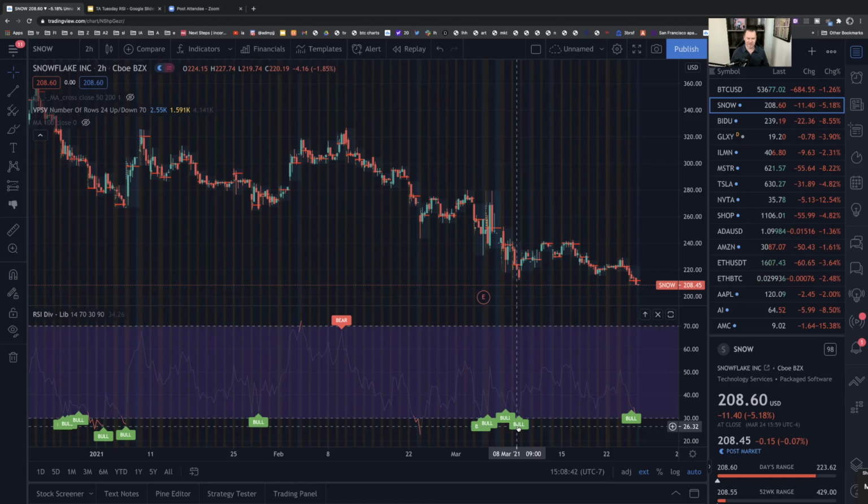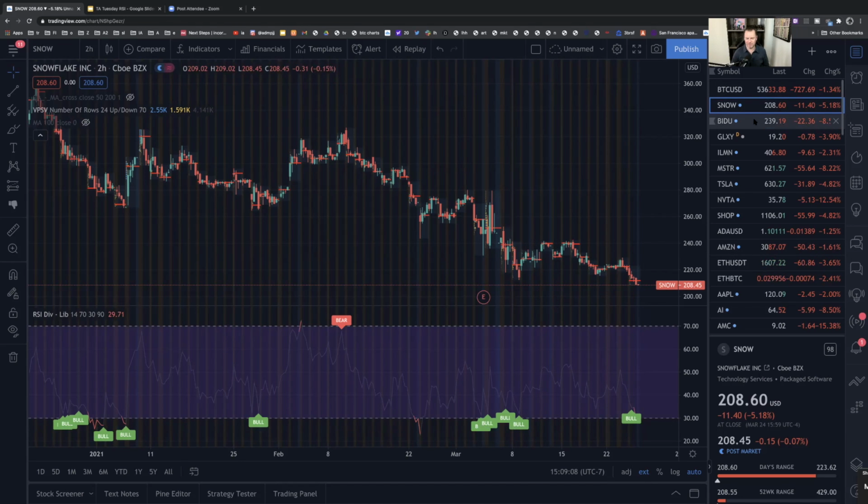Now, Snowflake is beneath that level, and now the bull flag is in, and the RSI is at the lowest level since the 22nd of Feb 2021. So this is something I'm going to be looking closely at to see exactly what's going to happen. But I do think the RSI is telling us, just in isolation, that Snowflake is very oversold.